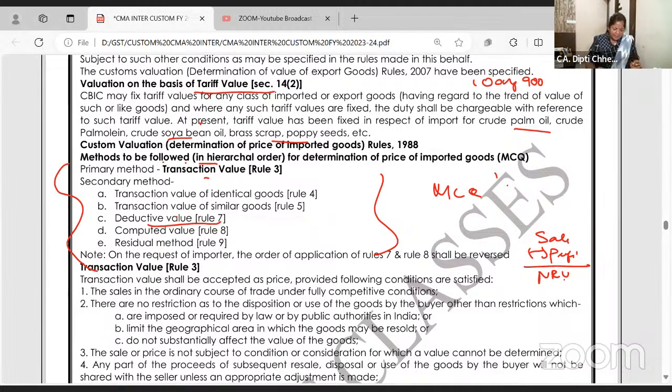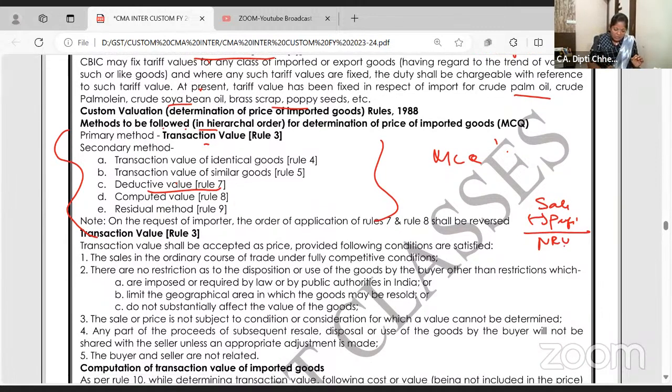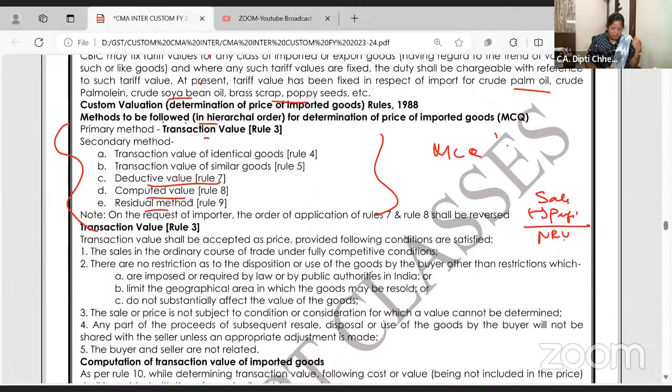I'll tell you, it will come. Nothing given, you can take the computed value. Computed value means the cost for the exporter, his expense, his profit, will give you his computed transaction value. Charge the duty on that. Residual method: nothing given, then you have to follow the method given by the proper officer.